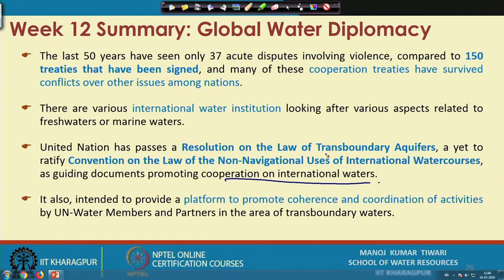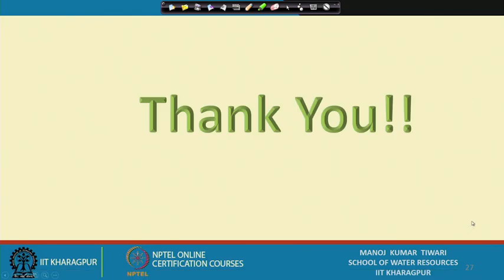It also intends to provide a platform to promote cooperation and coordination of activities for the member states and the partners in the area of transboundary water management. So, those were the efforts from the United Nations. These were the major discussions that took place this week on global water diplomacy, and that way we conclude the summary of the discussions held in every week.